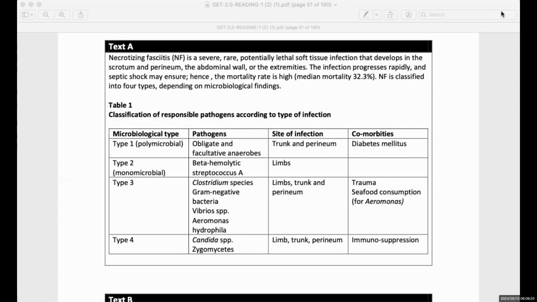Just do a random reading. All right, it's a minute.